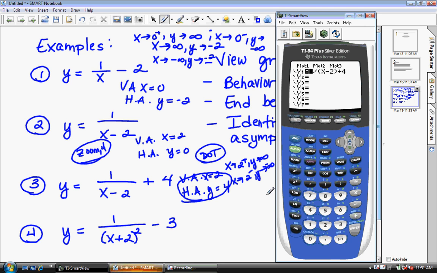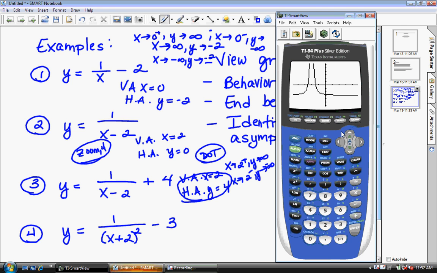Now to do the next one, to enter this function, I would do 1 divided by, and in parentheses, x plus 2 quantity squared, and then minus 3. So hopefully you know what happens. It's shifting left 2, down 3.